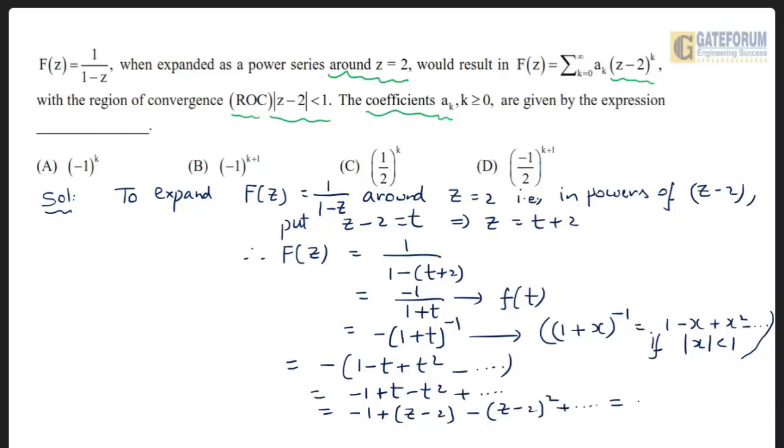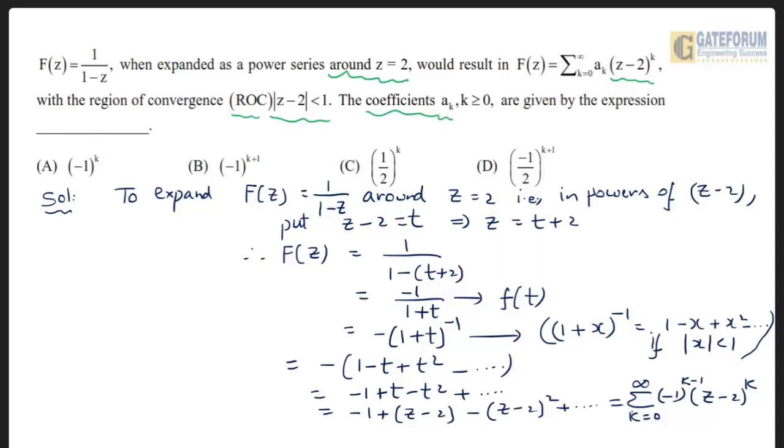All these terms I can write as summation k is equal to 0 to infinity ak into z minus 2 whole power k. So what is ak? Minus 1 whole power k minus 1. So in place of ak, I can write directly alternative symbols. Minus plus can be written as minus 1 whole power k. If you put k as 0, the first term's sign is plus, but it is already minus, so k minus 1.